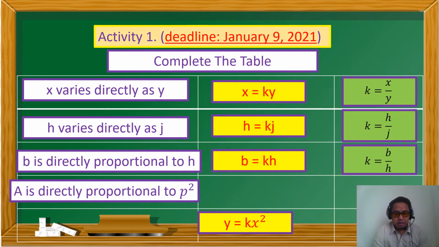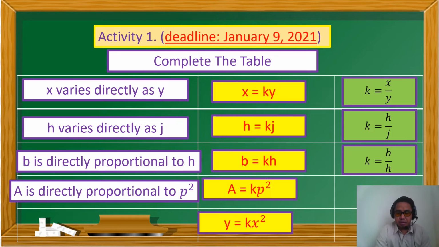Okay? Now, you can try this one. As you can see, there's an exponent on the p. So, in mathematical sentence, that will be a is equal to kp squared. And k or the constant will be equal to a over p squared.